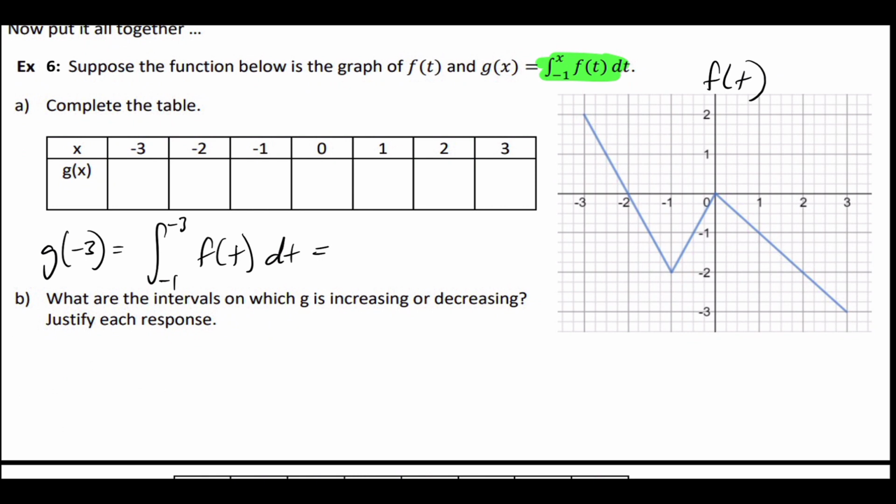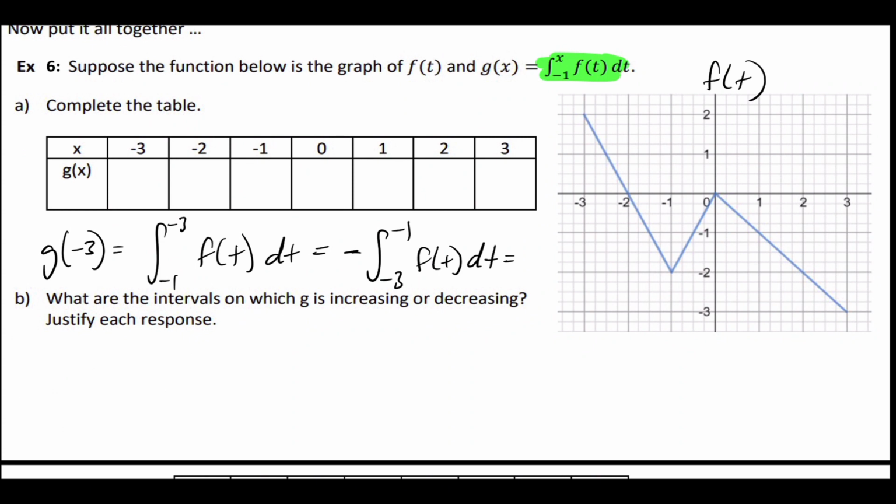So we have to find the area from -1 to -3. But again, the bounds are off. The top has to be higher than the bottom. So we have to flip the bounds. Okay, so it's going to be -1, -3, f of t. That's what we're trying to find.